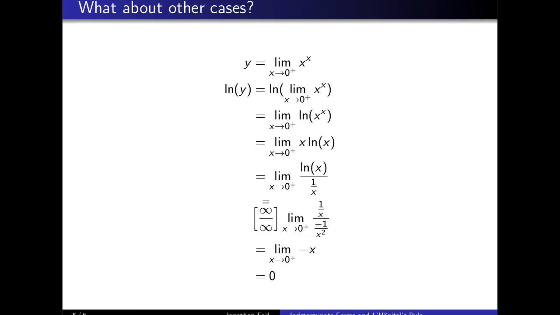Okay, so then we get that the natural logarithm of y will be the limit as x goes to 0 from the right of the natural logarithm of x to the x. Well, if we remember our rules for logarithms, we're able to pull that power out in front. So we get the natural logarithm of x all times x. Still with the limit as x goes to 0.